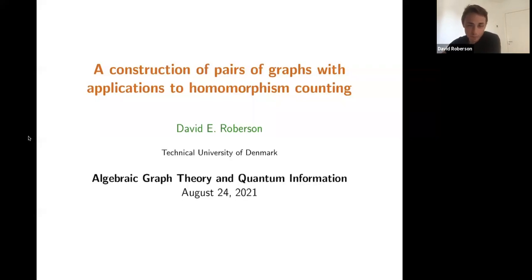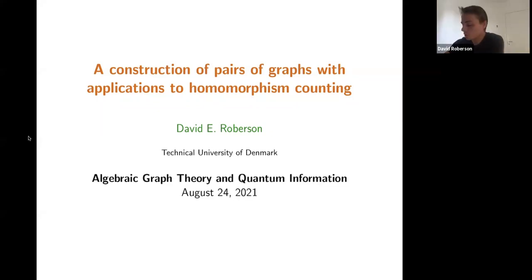So this talk is really about the heart of the talk, which is a notion of homomorphism indistinguishability, which I'll define in a few slides. Basically you say that two graphs are homomorphism indistinguishable over some class if they have the same number of homomorphisms from every graph in that class.